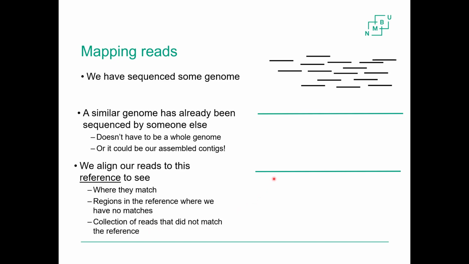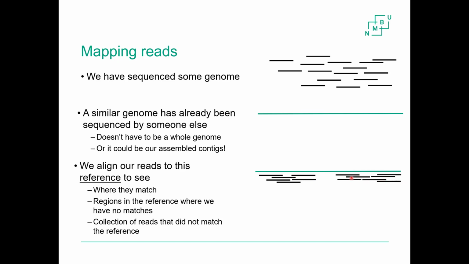So it could look like this. We have the reference, we map the reads, as we say, or align them. I indicate here these reads map at these regions, right? They are identical to these regions of the reference.